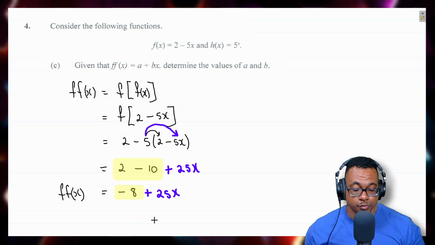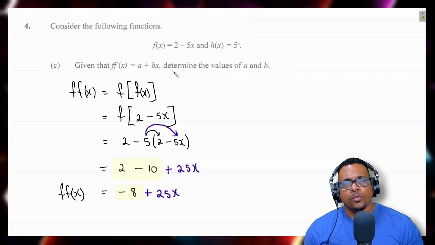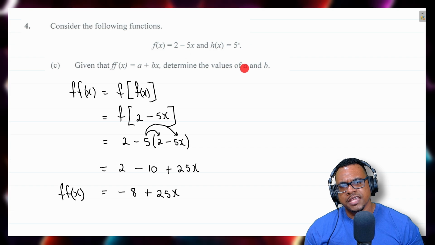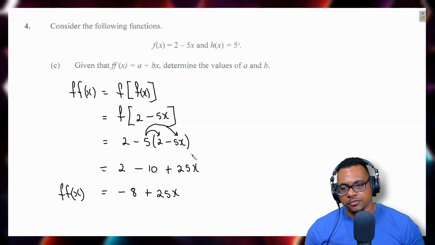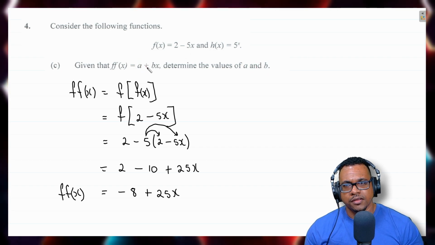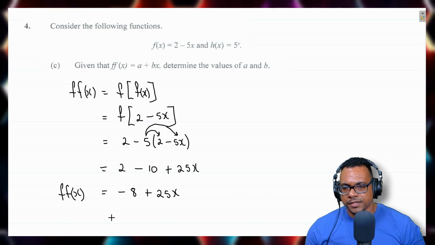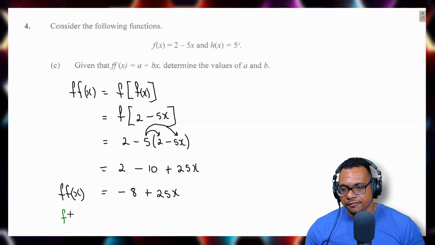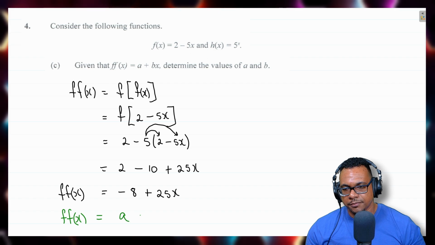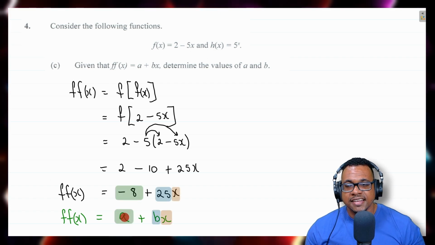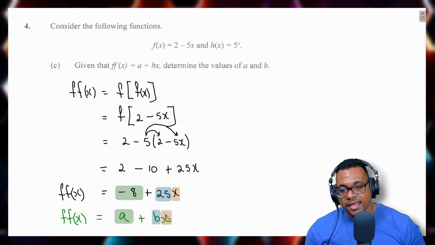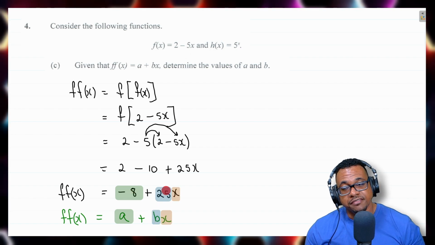And that will be what f of f of x is equal to. Now remember, they want us to determine the values of a and b. So if we put this form a plus bx here, f of f of x is equal to a plus bx, we can see that the a lines up with the negative 8, the x lines up with the x, and therefore the b lines up with 25.